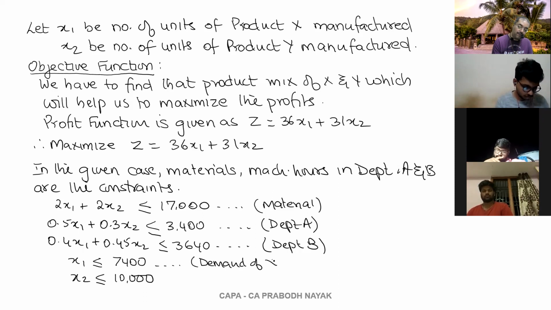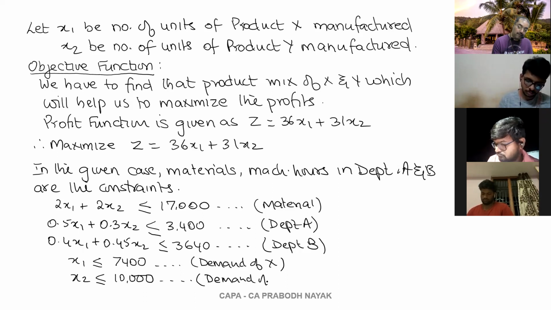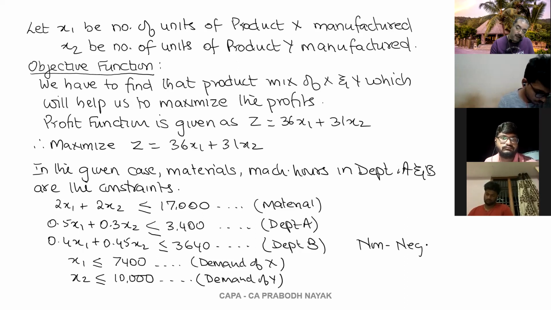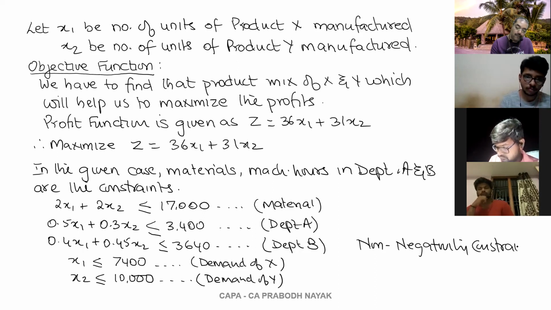Demand for X, demand of Y. Non-negativity constraints: X1, X2 greater than or equal to 0.